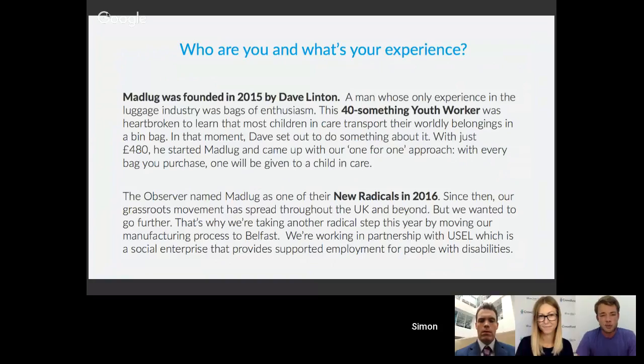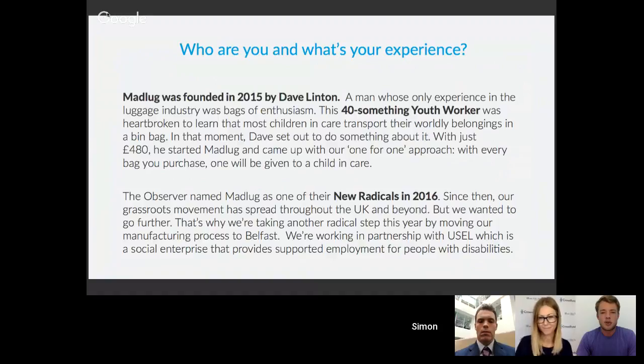So, final point really is, who are you and what is your experience? This is really important because, as David Linton suggests in his project, it creates a bit more of a human element.